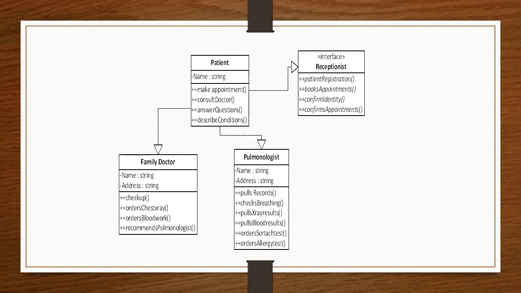The pulmonologist was responsible for pulling the patient's history and physical, checking his chronic breathing, pulling the X-ray results, looking at the blood results, and ordering a scratch test and an allergy test. The receptionist was the interface, and she was responsible for patient registration, booking appointments, confirming the identity, and confirming the appointments as well.